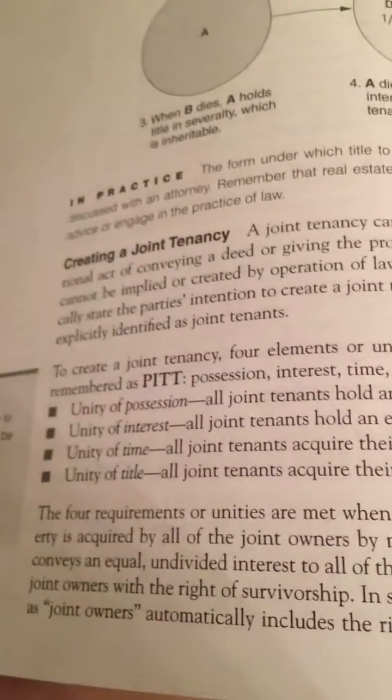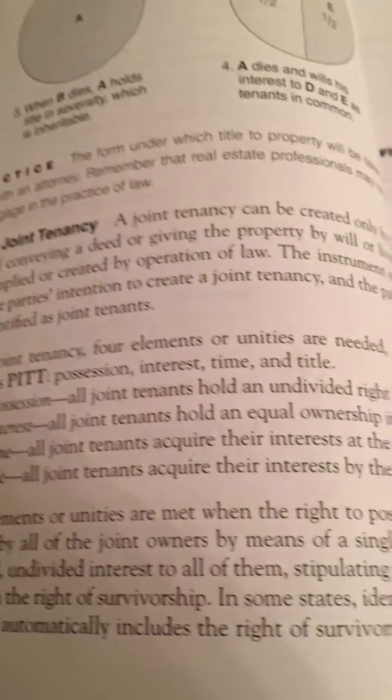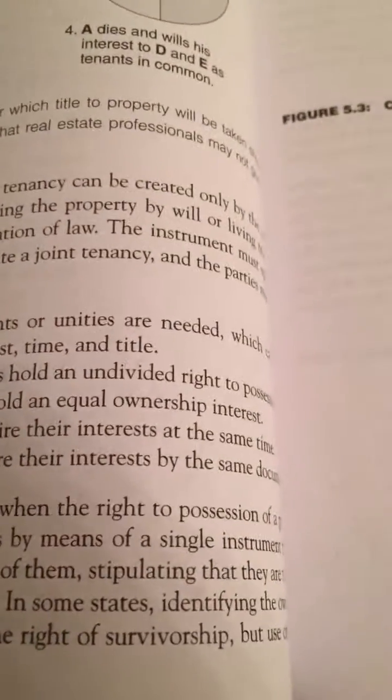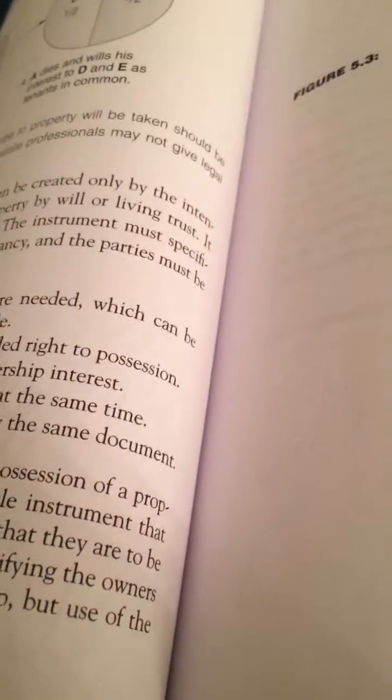In some states, identifying the owners as joint owners automatically includes the right of survivorship, but use of the memory tip. The 4 unities necessary to create a joint tenancy may be remembered as PIT: possession, interest, time, and title.